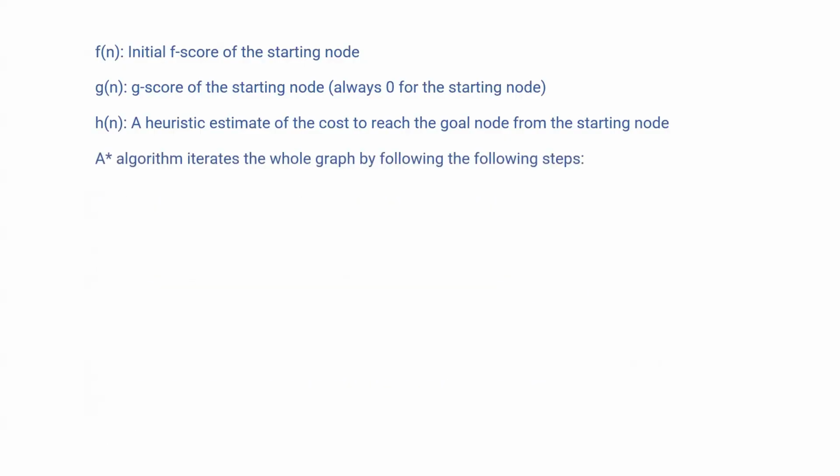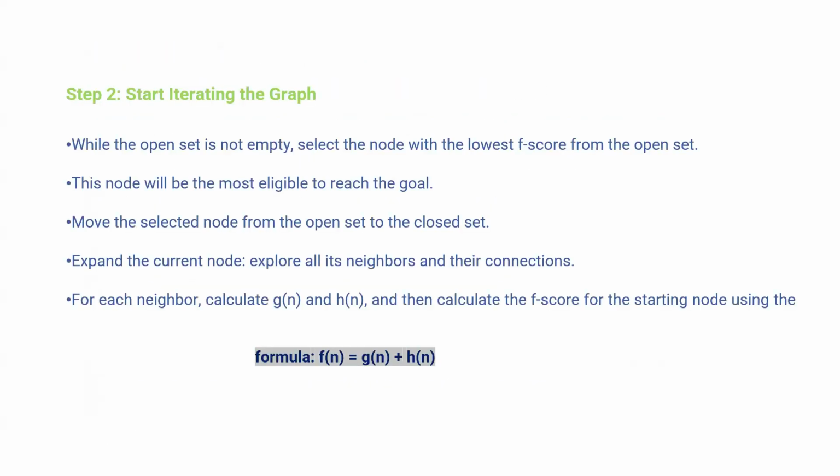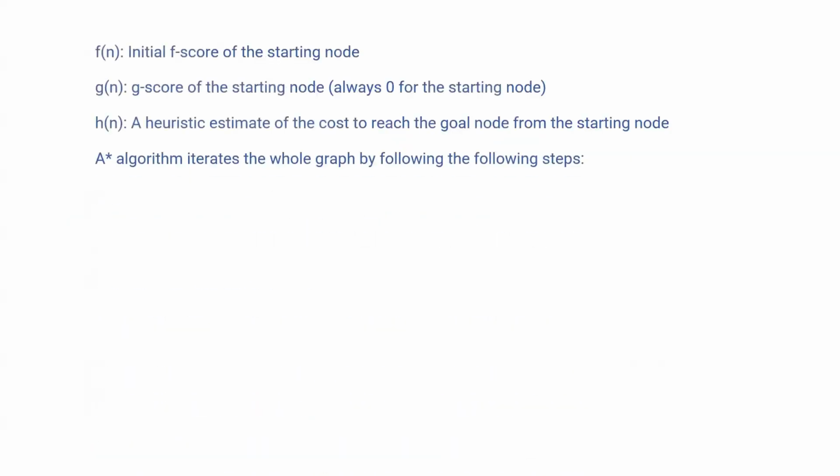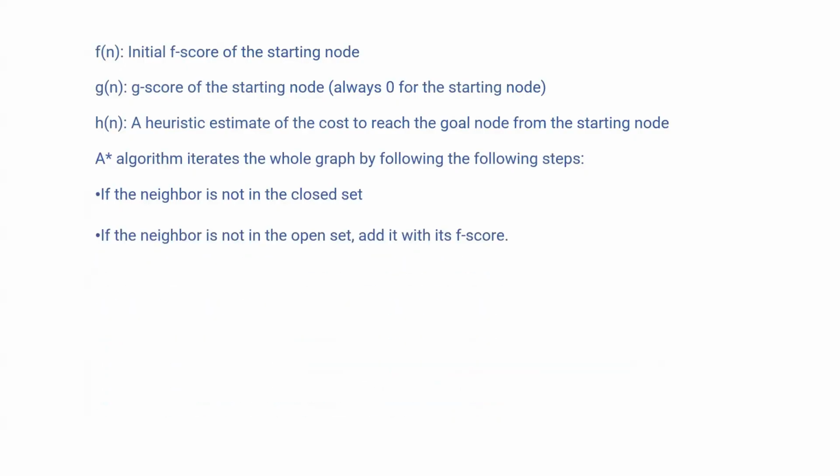So the A-star algorithm iterates to continue. If the neighbor is not in the closed set, in the case of A-star, it iterates for the whole graph by following these steps. If the neighbor is in the closed set, we do not consider it.